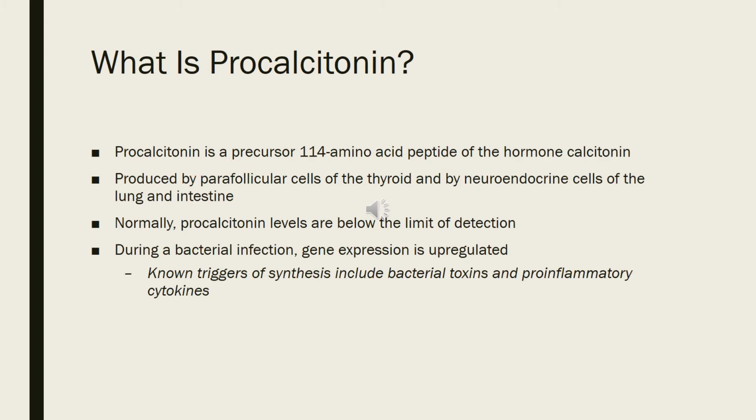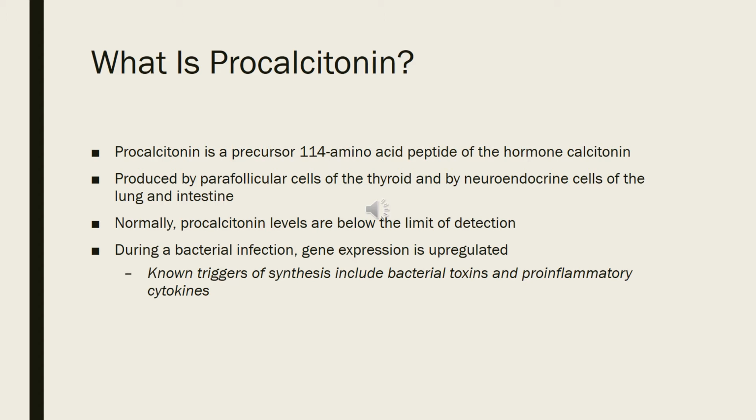Okay, so what is procalcitonin? Procalcitonin is the precursor of calcitonin. It is a 114 amino acid peptide precursor of the hormone calcitonin, and calcitonin is the hormone involved in regulation of calcium and calcium homeostasis.